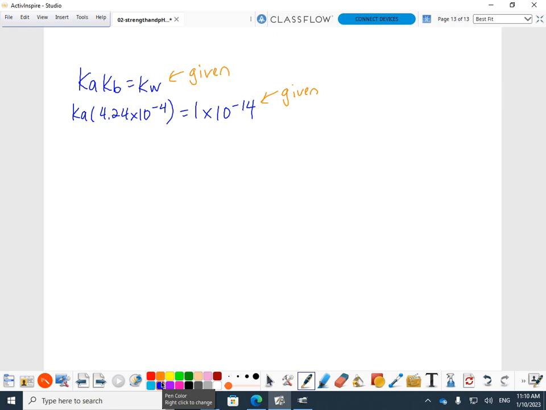So once you do the ICE table, the formula sheet should definitely help you make sure you get every single answer that your question asks for, okay? So now you just have to solve for Ka by dividing by the Kb.